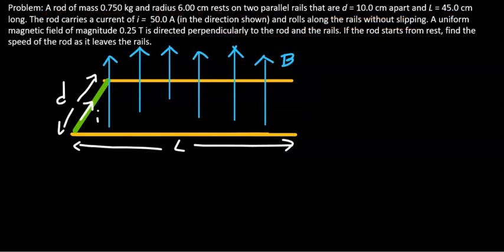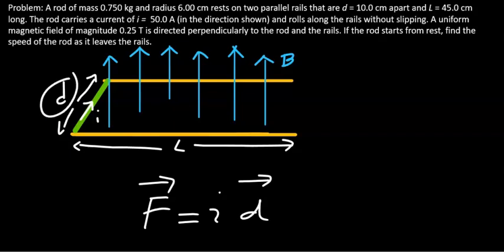Let's try to understand what's going on. So you have a current here, the field is going upward, so that means there is a magnetic force acting on this rod. That magnetic force is given by the following cross product, I the length vector, in this case you can take that to be d, cross the magnetic field. The direction of that length vector is the same as the direction of the current, so it's going that way.